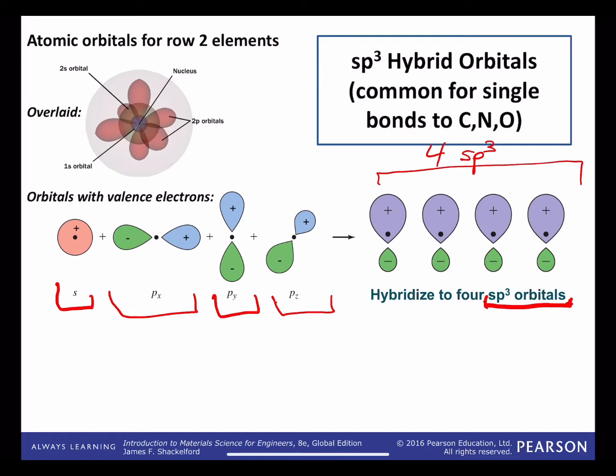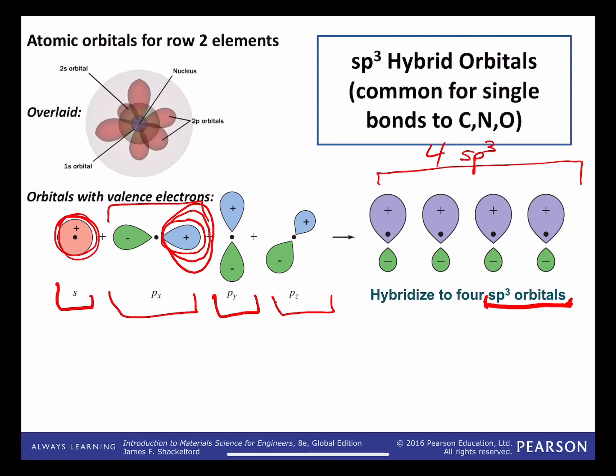And this results by having the thought exercise of having this positive phase of this p orbital adding constructively to some of the s orbital to emphasize that atomic orbital into a larger lobe at that site.